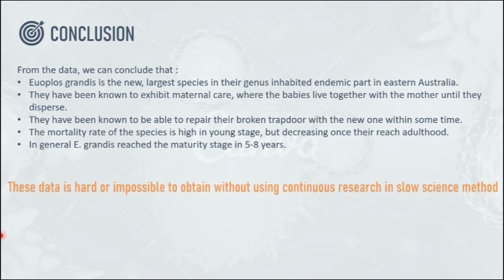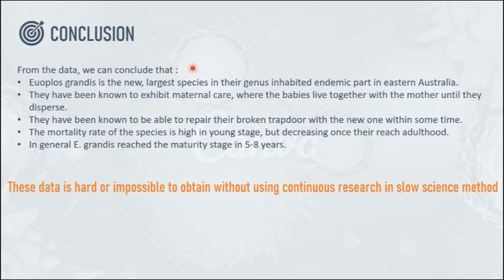And I'm going to tell you, this data is hard to impossible to obtain without continuous research using slow science methods. It's very important, because to know this much data, we cannot do short-time research.